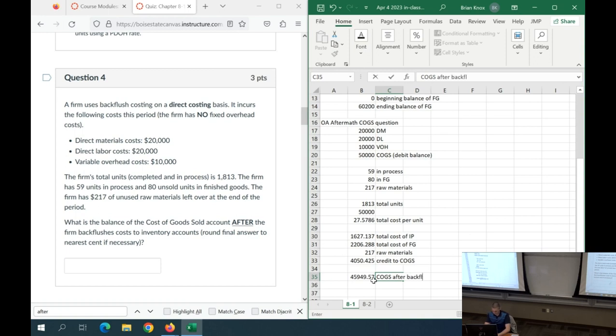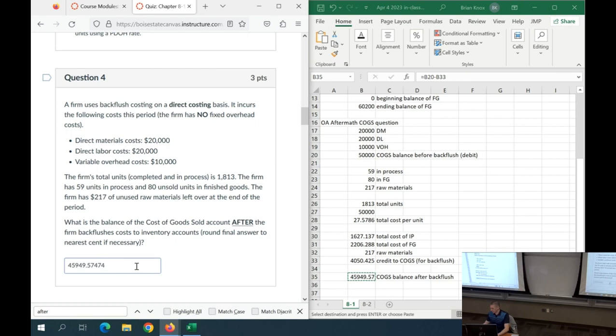COGS after backflush, COGS balance. Okay, I think that should be the answer if I've gotten everything copied over all right.